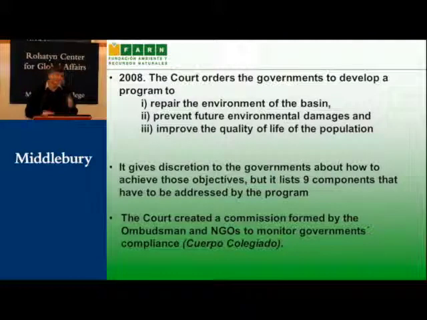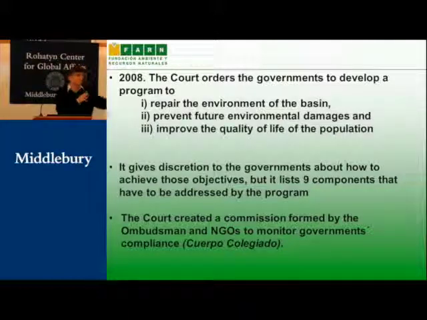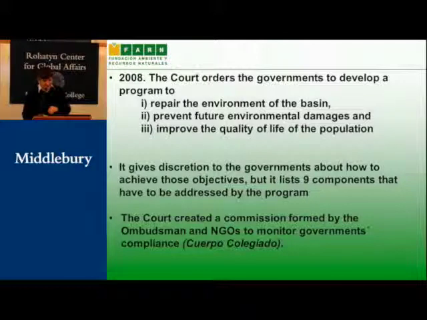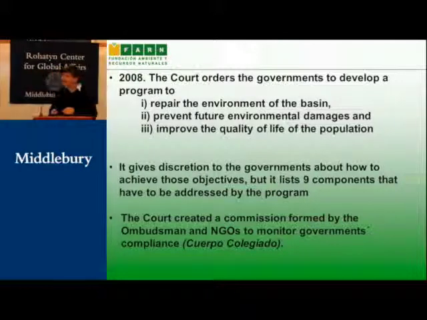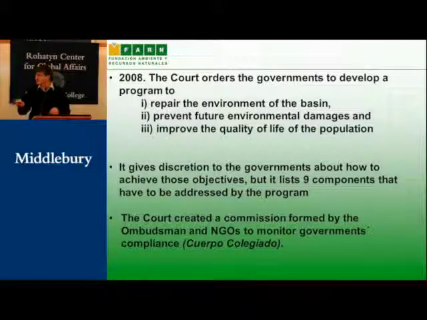For instance, the government has to develop a public information system and a quarterly report about the quality of the environment. And the court created a commission formed by the Ombudsman Office and the NGOs that were part of the legal procedure to monitor the government's compliance. This is called the Cuerpo Colegiado.